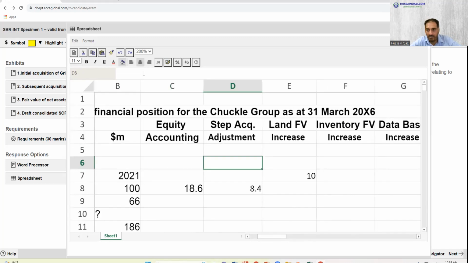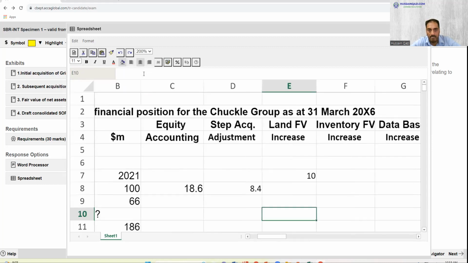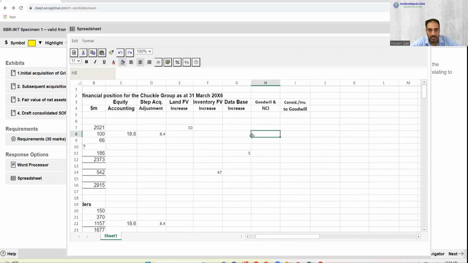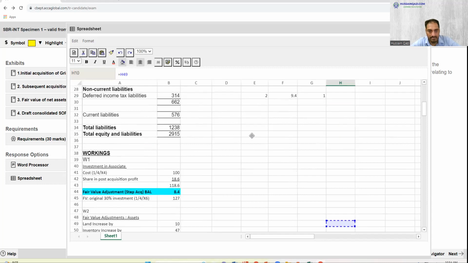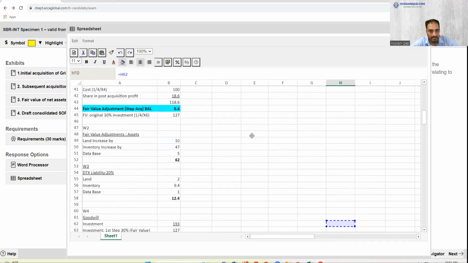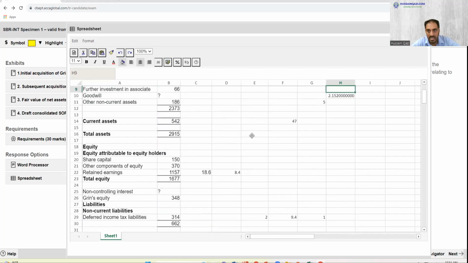So number one, here incorporate the goodwill. This is the value of goodwill.